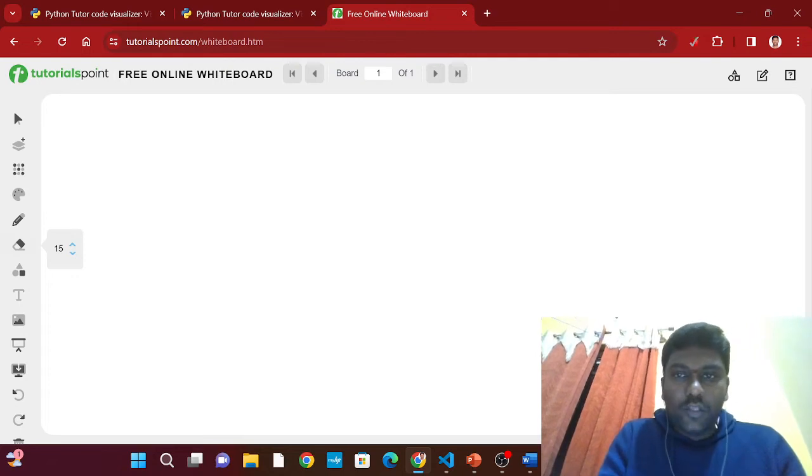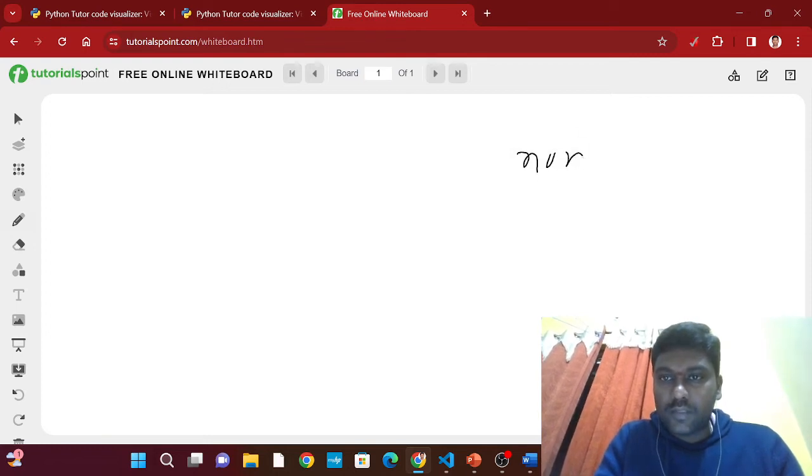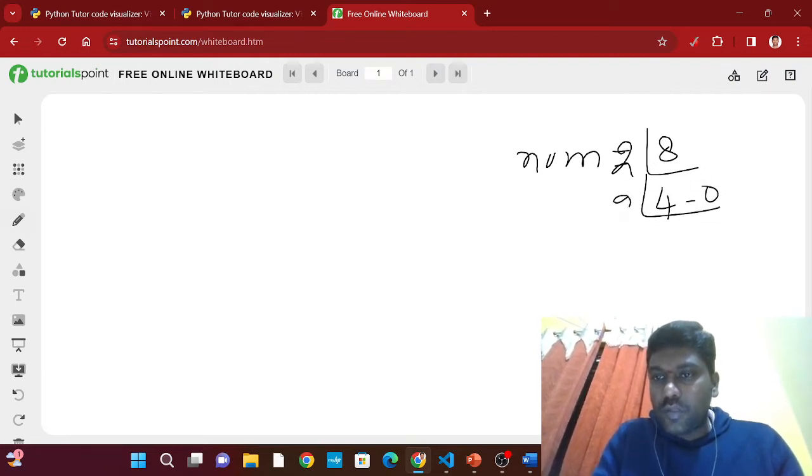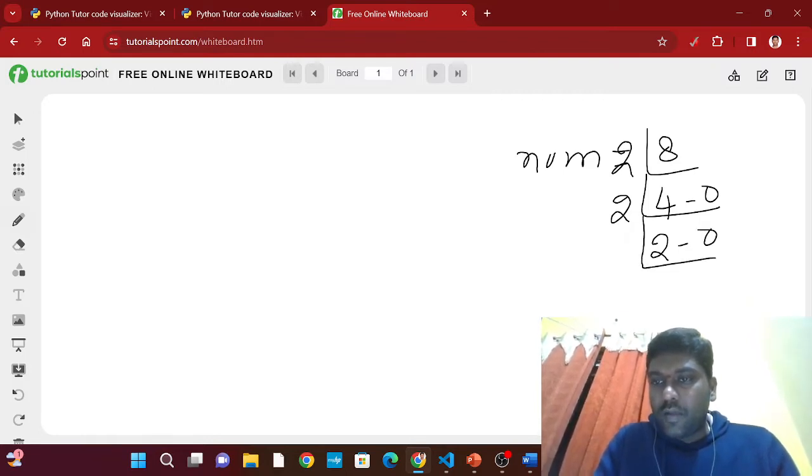So let's take the number 8. How to get the binary equivalent representation for this? I have to divide by 2. 2 fours are 8 and the remainder is 0, and 4 is divided by 2, 2 twos are 4 and the remainder is 0. Then 2 ones are 2 and the remainder is 0 here.